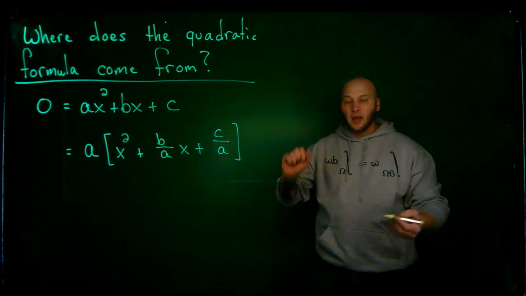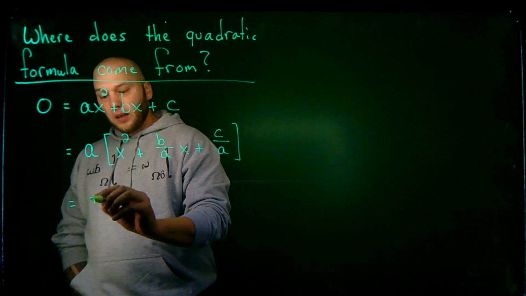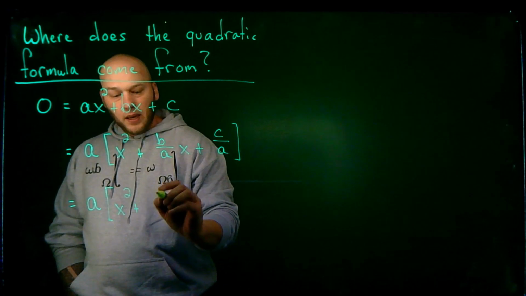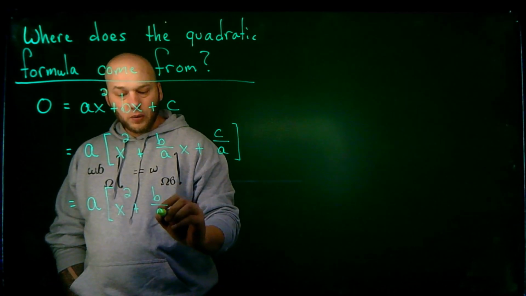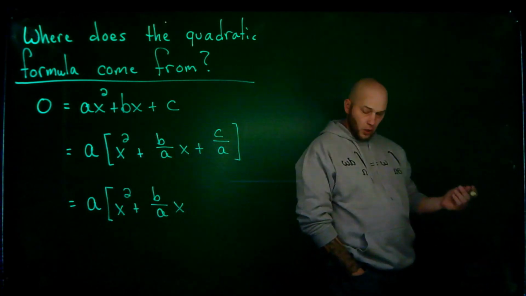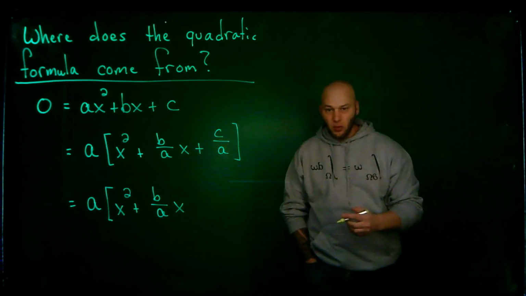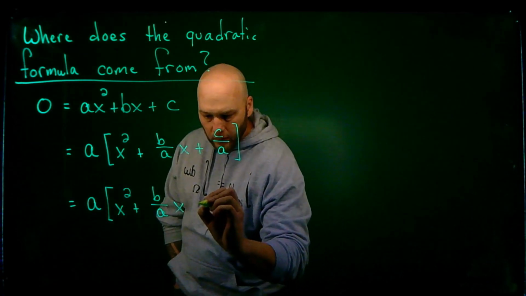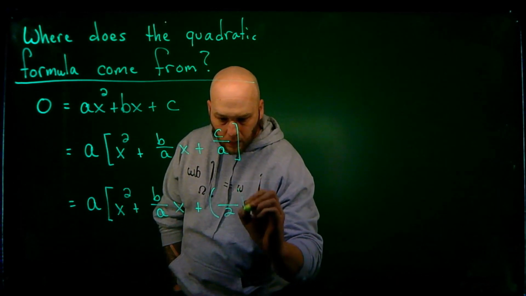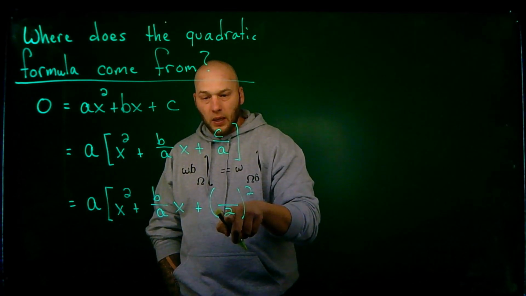Inside the square brackets, we can go ahead and complete the square. When we complete the square, we write the first two terms. Then I'm going to add and subtract a term, where they cancel each other, so really I'm adding a form of 0. The way I come up with this is I take the coefficient of x, divide it by 2, and then square it.